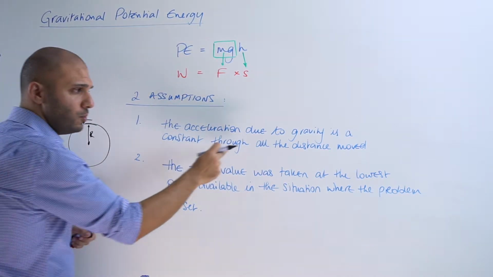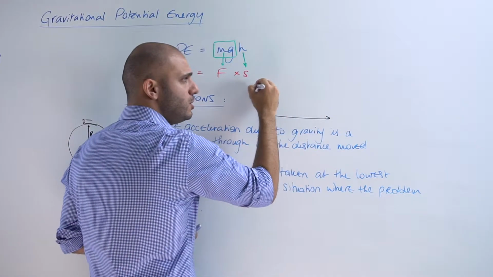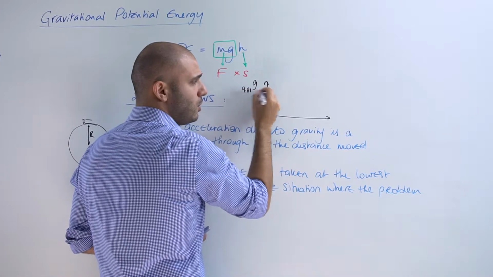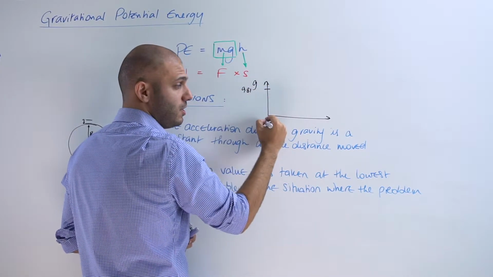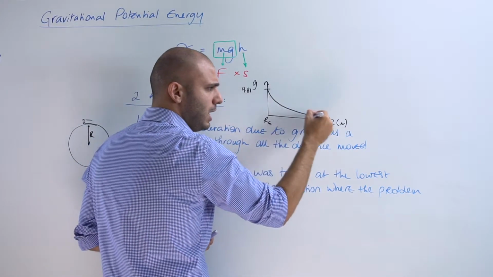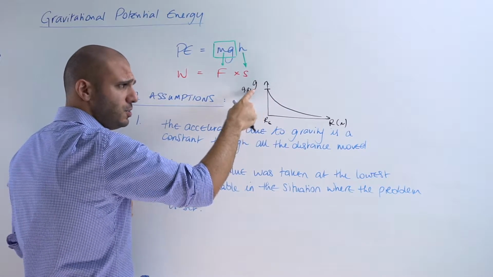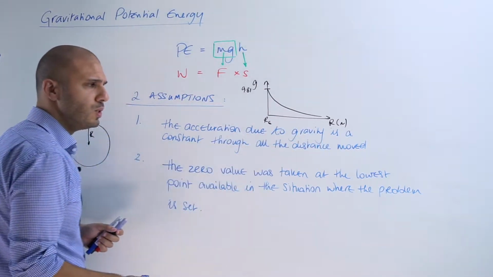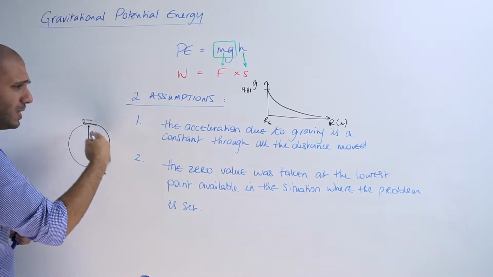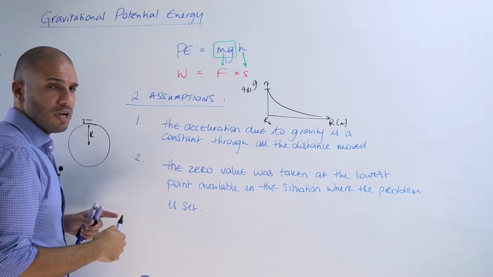Now obviously we do know that the acceleration due to gravity starts off at 9.81 meters per second squared at the Earth's surface, and it does follow an inverse square law as we increase the distance away from Earth. Now that we know that g is going to be much less as we move a certain distance away from Earth, we can no longer make this assumption in this topic of gravitation.